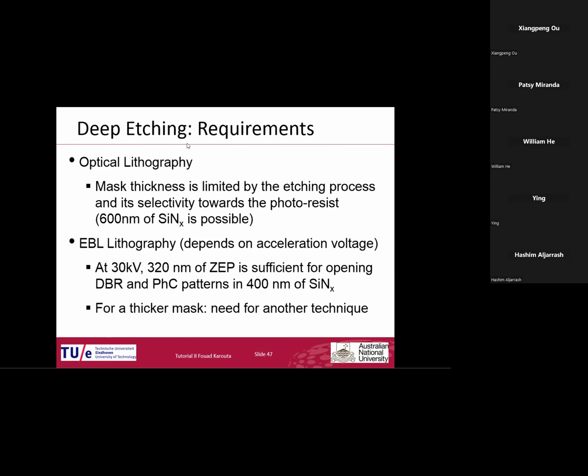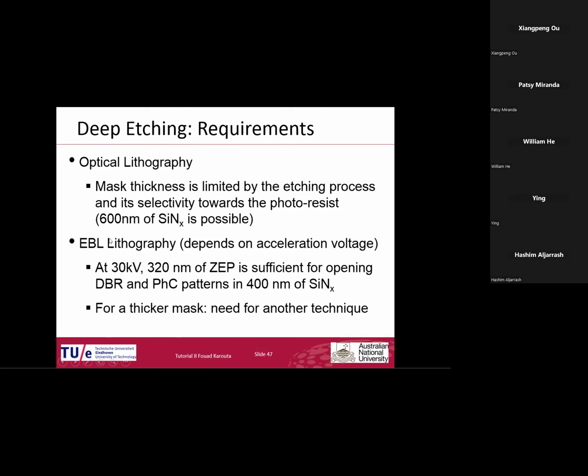So for deep etching requirement, if you want to do optical lithography, think about the mask thickness that you need for your etching. As you have seen in the previous slide, 600 nanometer of silicon nitride worked much better, and we could open it using the photoresist.